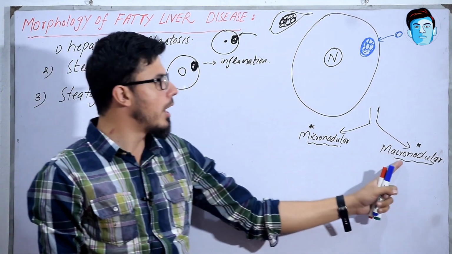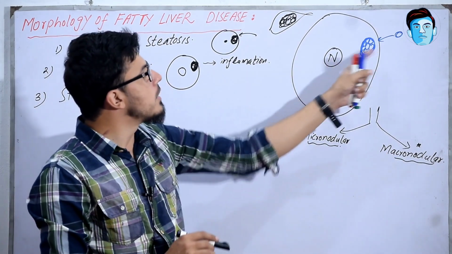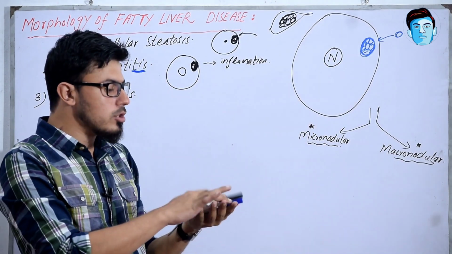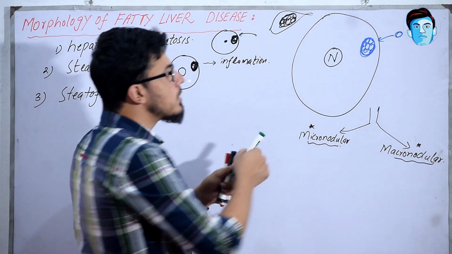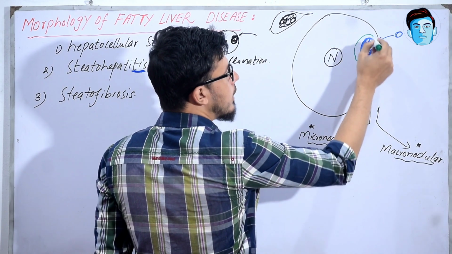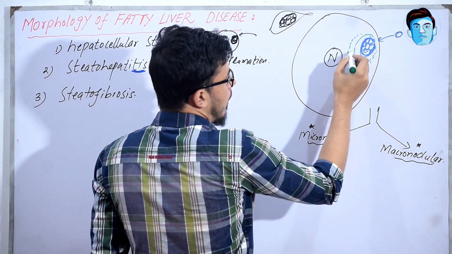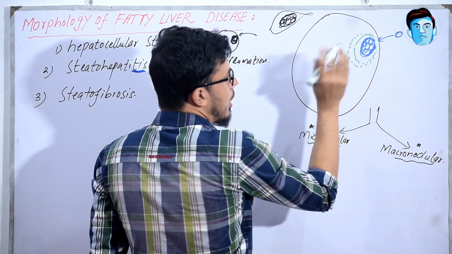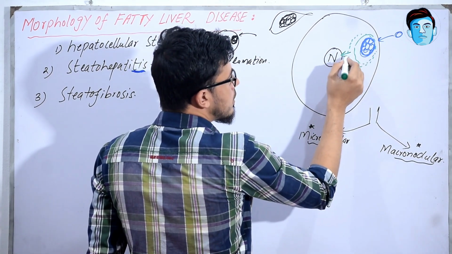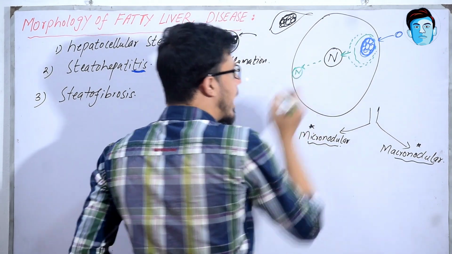While talking about macronodular hepatocellular steatosis, in this phase when the fat gets accumulated within the hepatocyte, with the progression of time this fatty globule increases further in size, and a state will come where it will push the nucleus to the periphery.